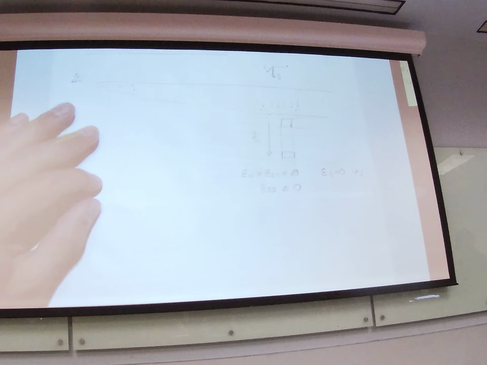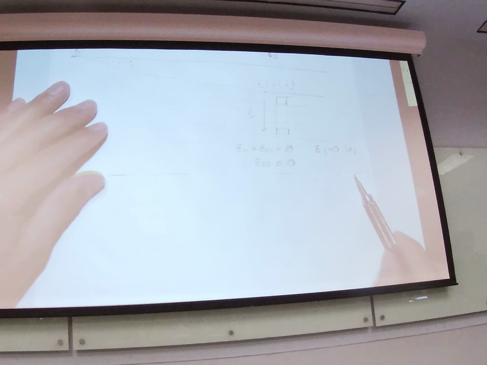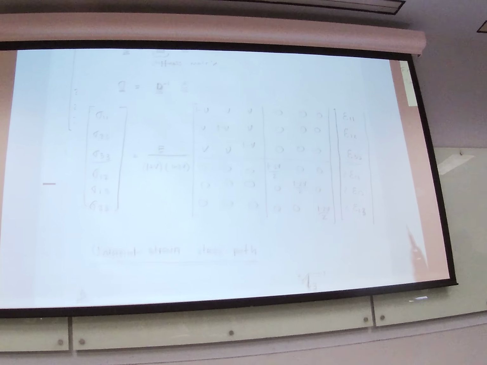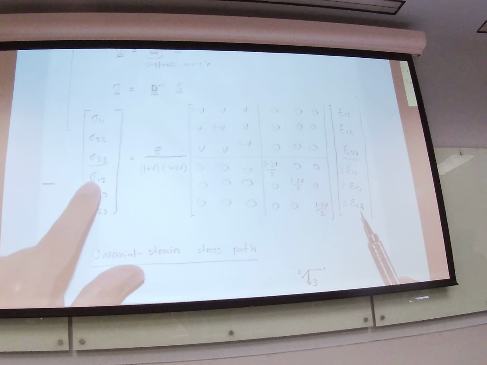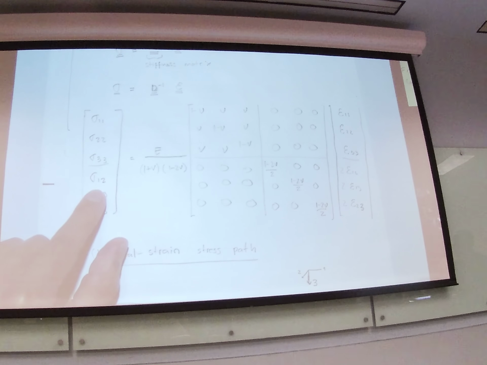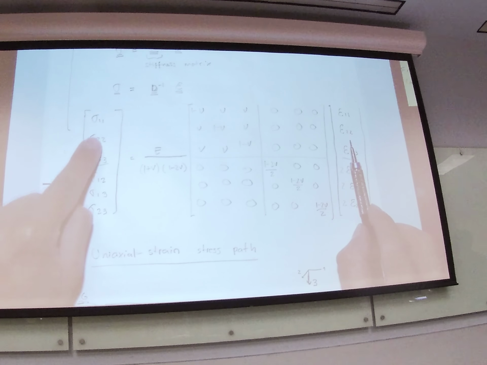Okay, so first of all, strains equal to 0 are going to mean that if these are 0, all of these are 0. So I'm not going to write them, okay? And I'm just going to concentrate on the top.